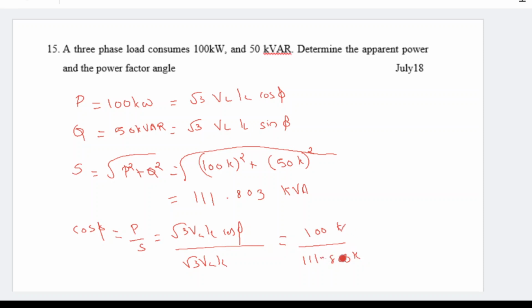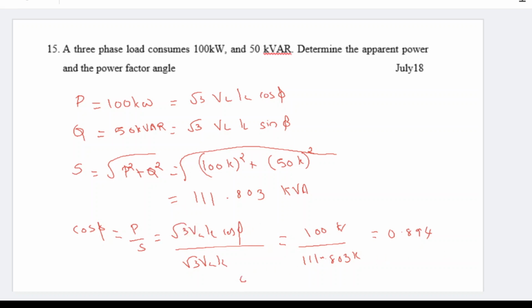So 100 divided by answer, that will be 0.894. We have to find out cos inverse of this answer. Cos inverse of answer will be 26.56.